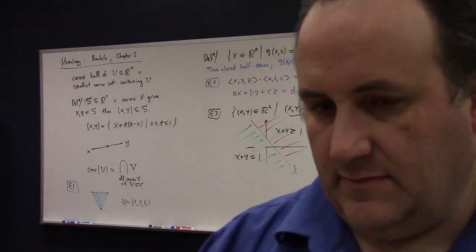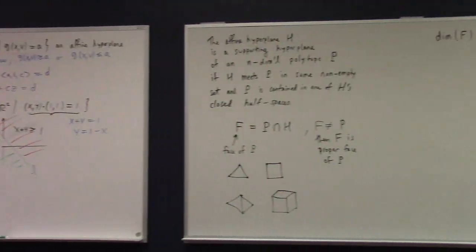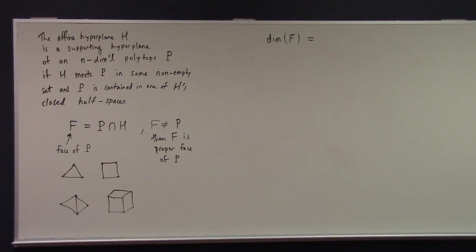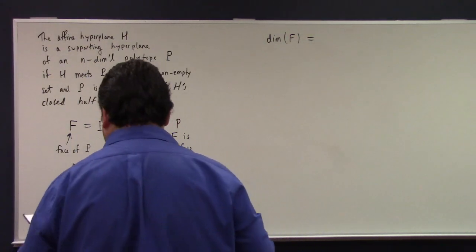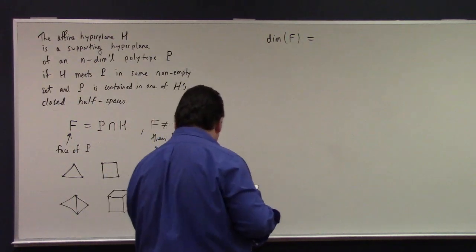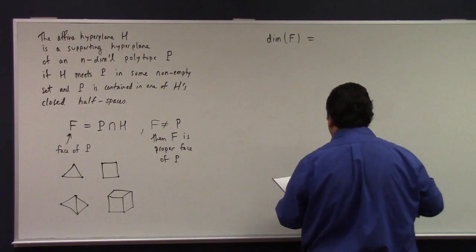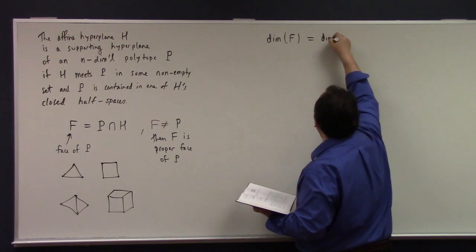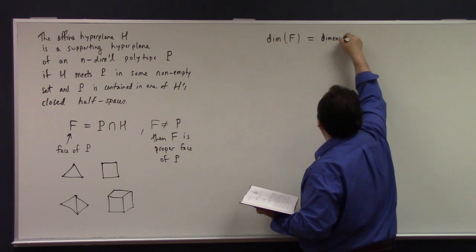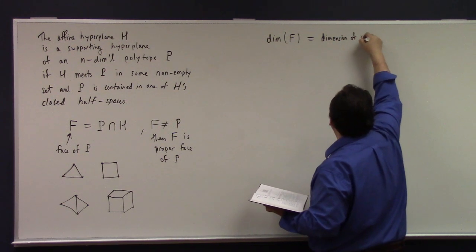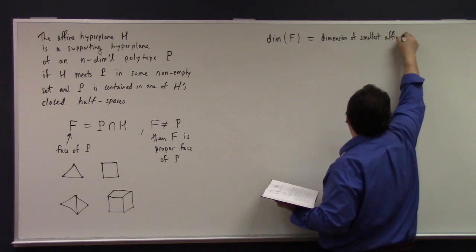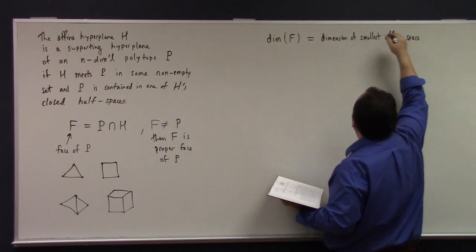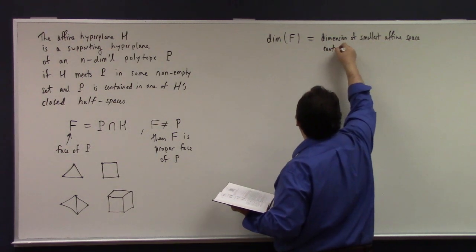Probably n. I don't think so. So here's the deal. The dimension of the face is the dimension of the smallest affine space containing F.